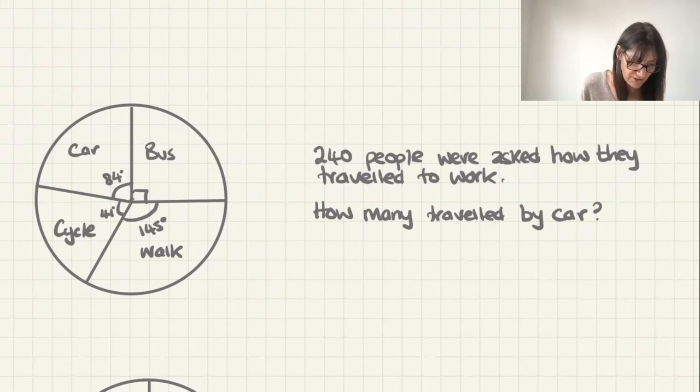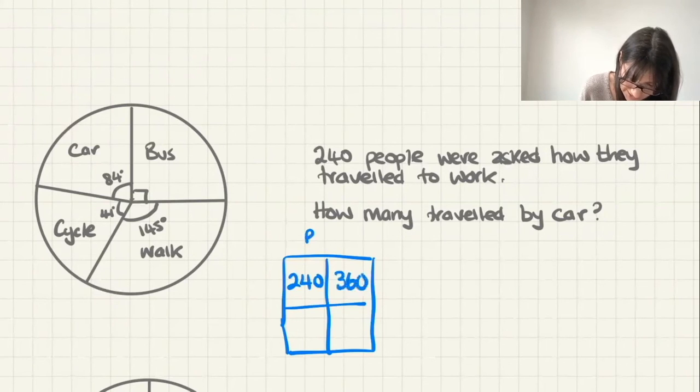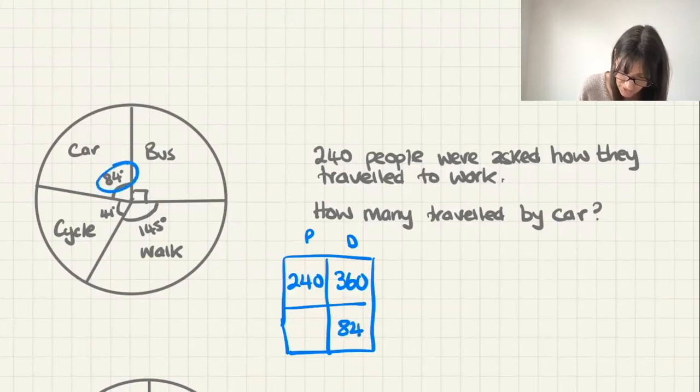So 240 people are the total number in my pie chart. So I've got 240 people taking up 360 degrees. How many people traveled by car? Well, I can see that that is 84 degrees.